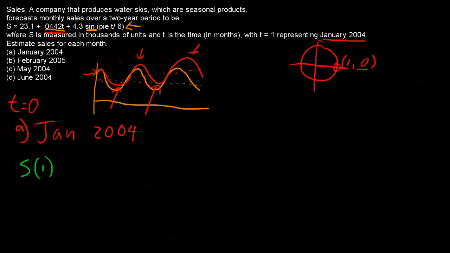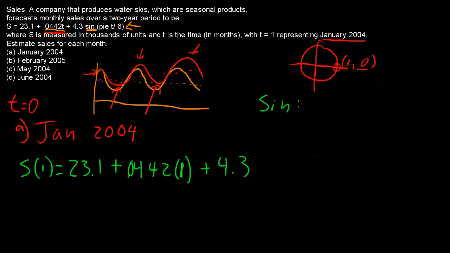It's the same way you would have an f of x. So S of 1, where t equals 1, is equal to 23.1 plus 0.0442 times 1, plus 4.3 times the sine of pi t over 6, where t is just 1.